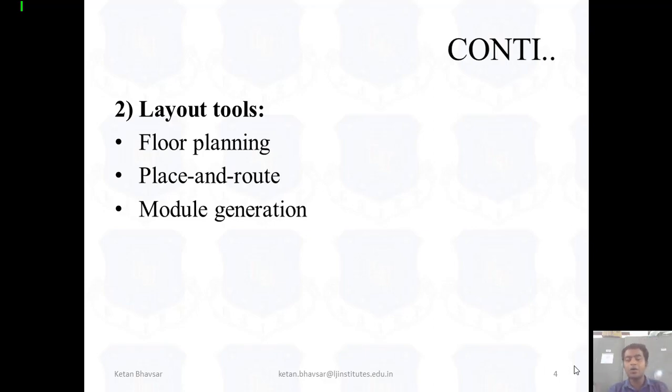If you are working on a large configuration file or a large data file, or you're dealing with multiple IO at a time, then with the help of HDL programming, we generate a module generation configuration in layout tools. So basically, after applying the synthesis tool, we generate floor planning, place and route, mapping, translating, in the layout tools.